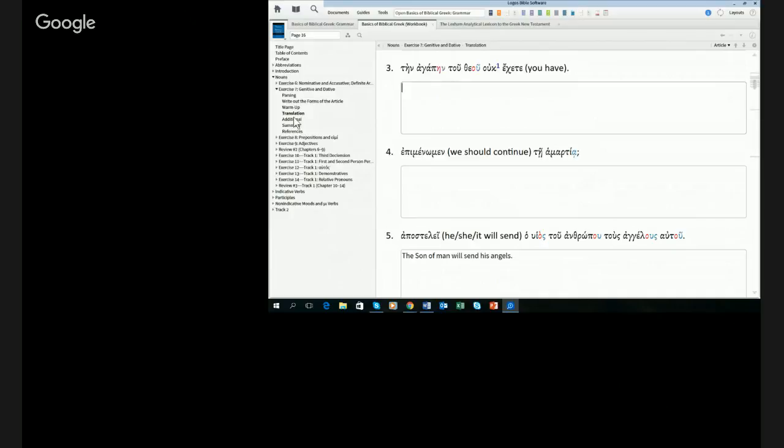Ten agapen tu theu uk echete. If we look for a noun in the nominative case, we do not find it. What we find is uk echete. Echete is a verb. It's spelled from the root ech, connecting vowel, and te. That te ending is second person plural. It's a common diagnostic for second person plurals.